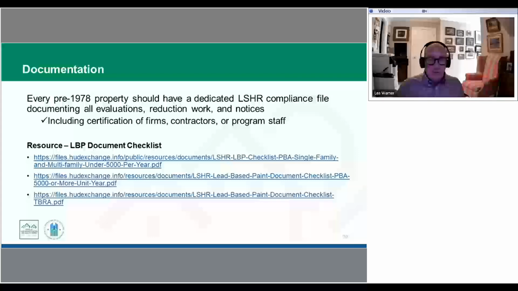In some cases, that also means thinking about where the documentation will be maintained. Will it be in the housing agency? Will it be at the property level? Then you're going to be monitoring to make sure that information is being held and maintained. So planning for that documentation, and making sure all parties involved understand your standards and what you expect to see in that file at the end of the project, will help avoid some ugly surprises.